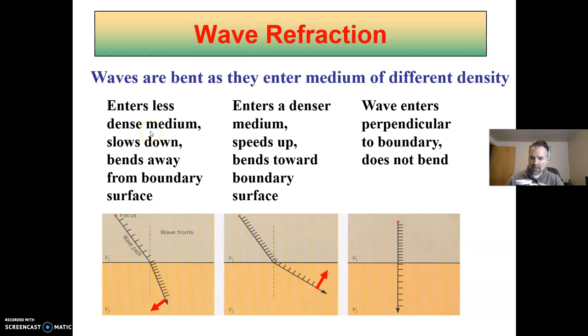So it enters a less dense medium, slows down, and bends away from the boundary surface. The other one shows it enters a denser medium, speeds up, and bends toward the boundary surface. And then here, the wave enters perpendicular to the boundary and does not bend. So these are three different scenarios that they've found.